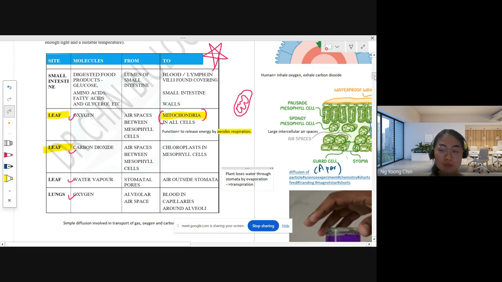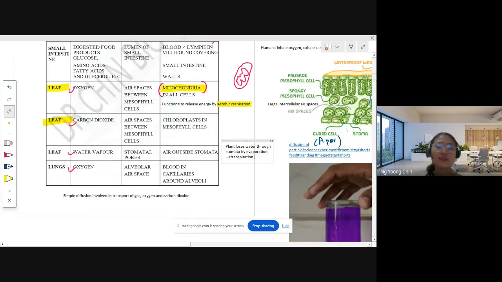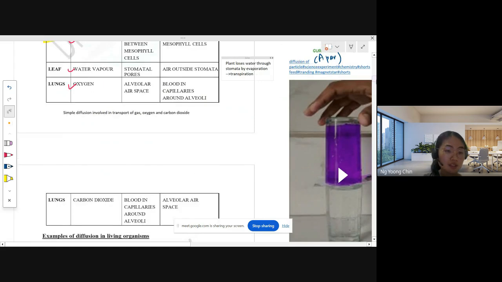Okay, imagine that in a very cold morning, when you walk to your backyard, you can see the leaf. This is a leaf, right?